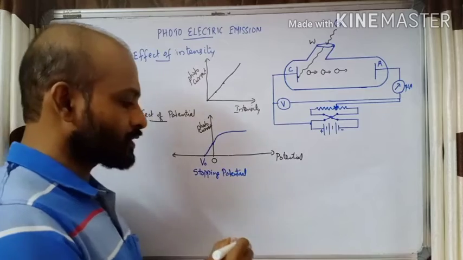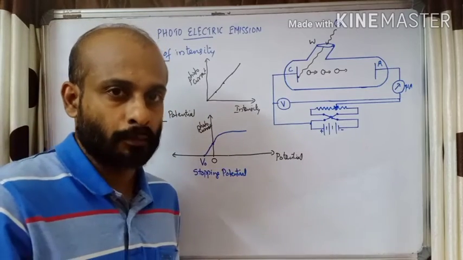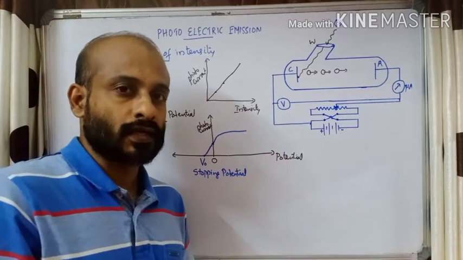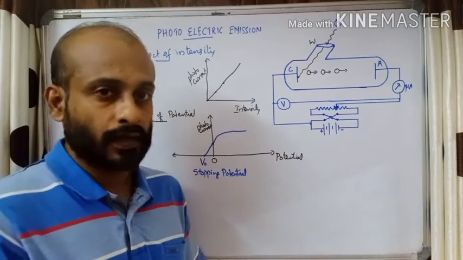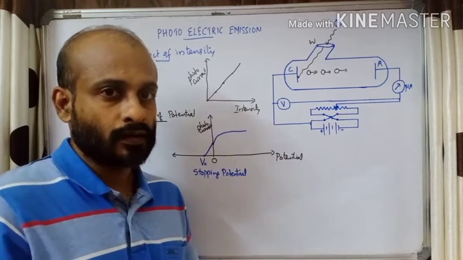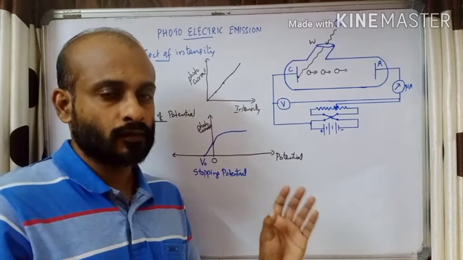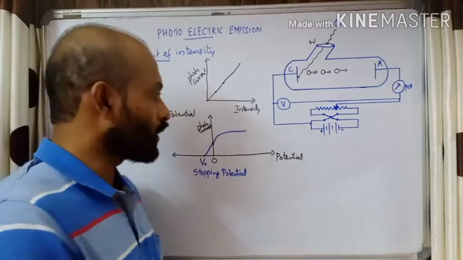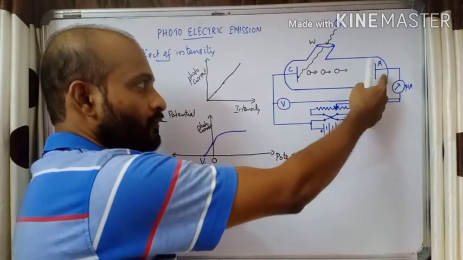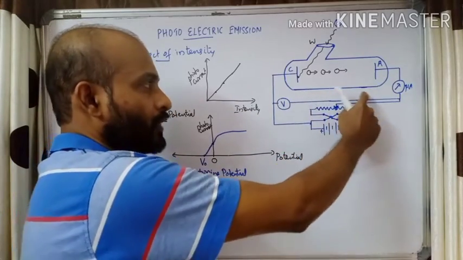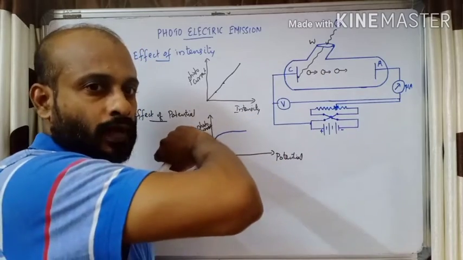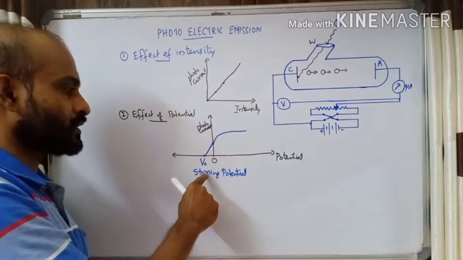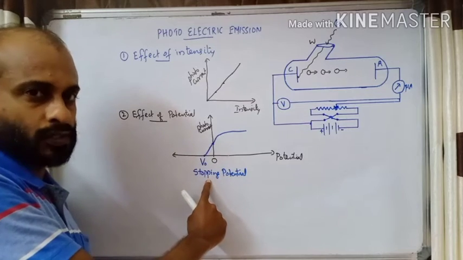It is a negative or retarding potential which we apply to stop even the electrons with the largest kinetic energy. Electrons are emitted with different kinetic energies, some large, some small. Even the highest energy electrons are not able to reach here, as we repel them by applying a negative potential. So this particular potential is called the stopping potential.